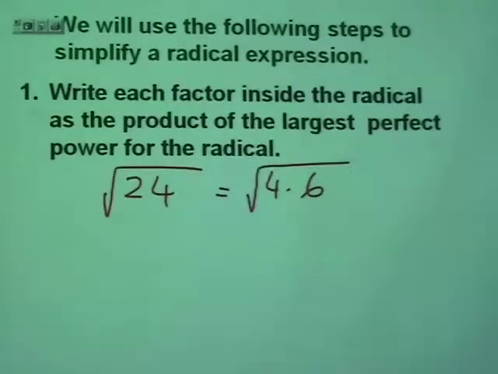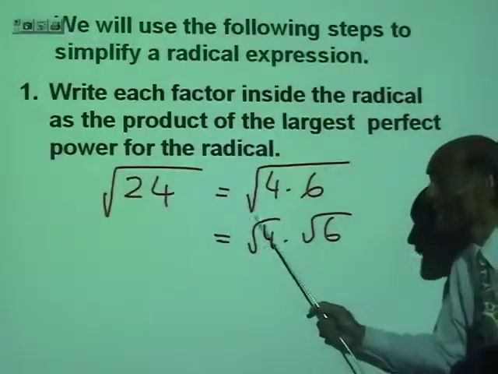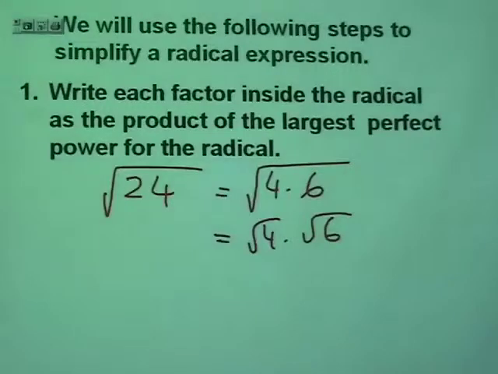There you are. Why do we write it like this? Because square root 4 can be simplified. Square root 4 is 2. So the answer here will be 2 square root of 6.